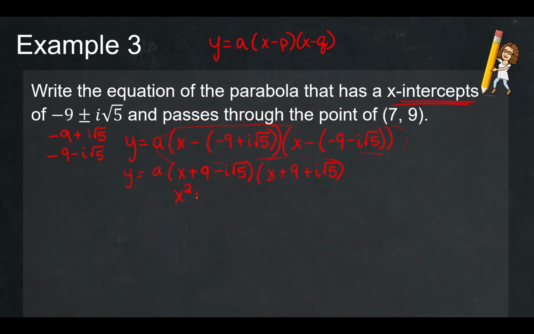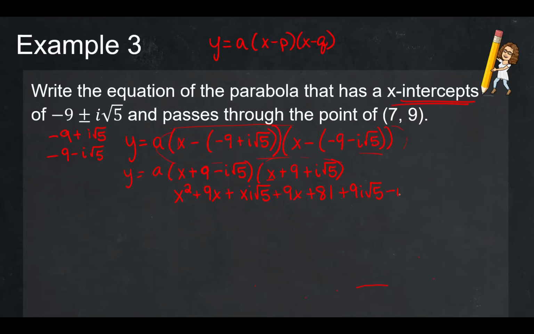x times 9 is 9x. x times i square root of 5 is x i square root of 5, something like that. 9 times x is 9x. 9 times 9 is 81. 9 i square root of 5. Okay, 9 is done.